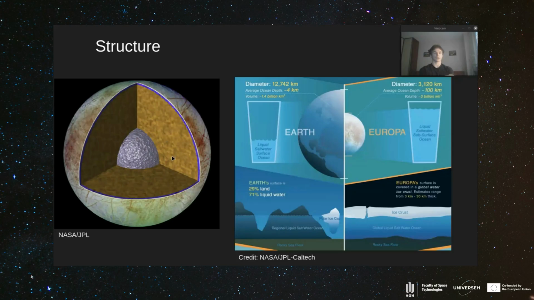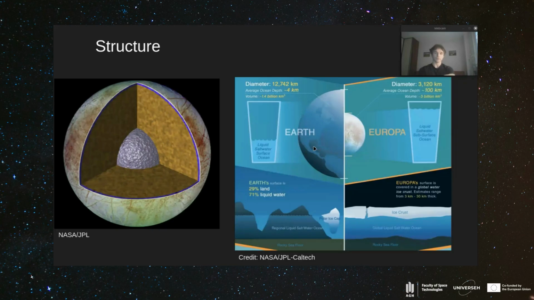This core is approximately 600 kilometers in radius. Next we have the mantle, the brown area. It's around 800 kilometers in radius, starting from the surface of the core, and then we have 75 to 175 kilometers of water, both liquid and ice.